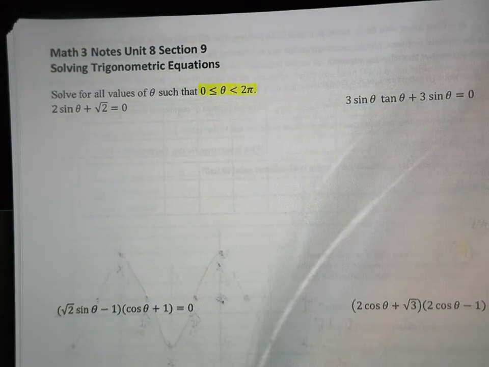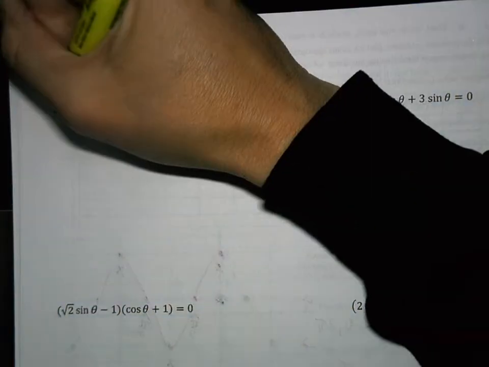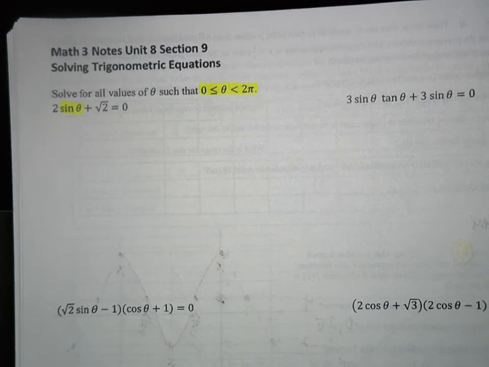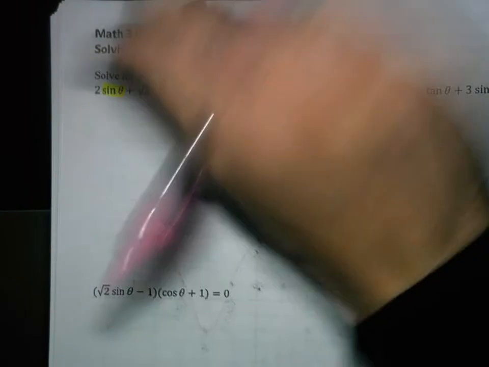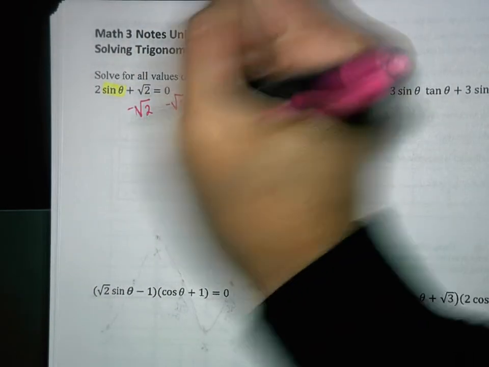And here we go. Just like we did back in the previous lesson, we want to highlight what we're trying to find. So we want to end up getting sine of theta by itself. The first thing you will do is subtract root 2 to both sides.